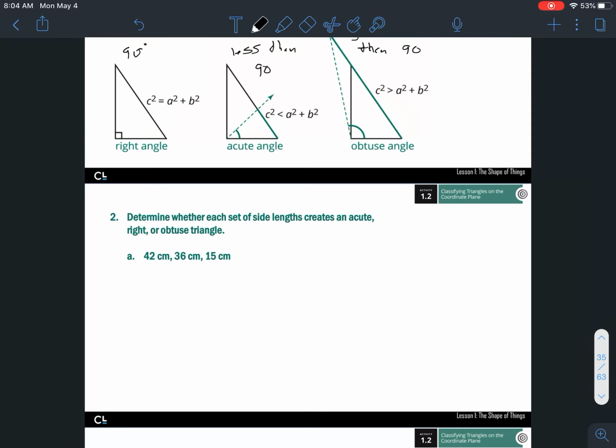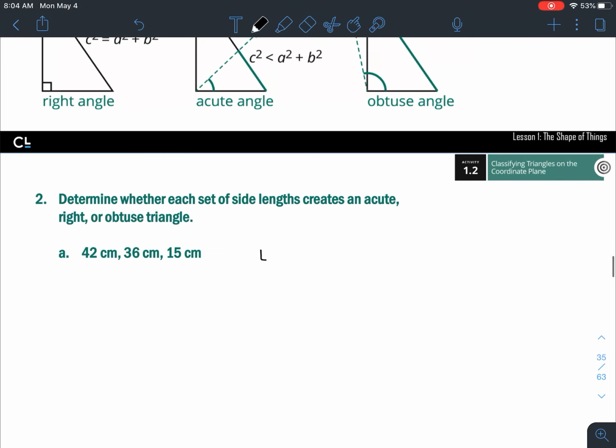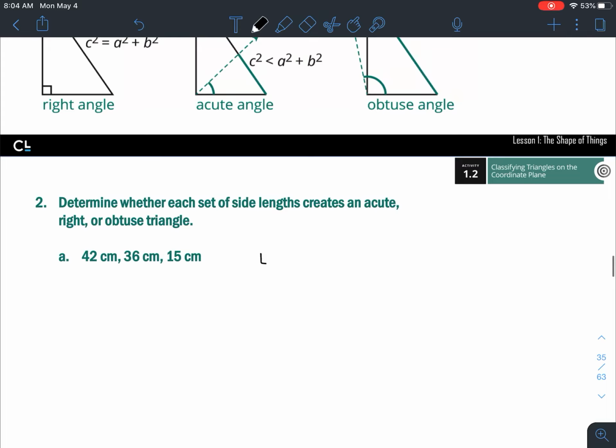We have to do squares. So 42 squared, 36 squared, 15 squared. We use our handy dandy calculators. I'm going to pull out my own. You can use your phone even.